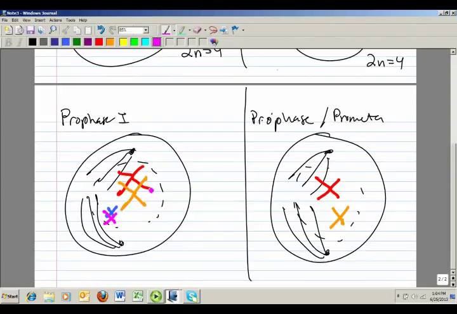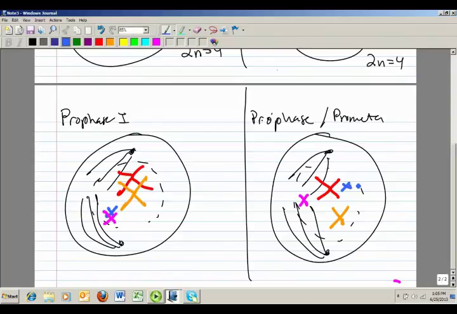So they're pairing with a chromosome that has the same genes on it in the same order, maybe different alleles, but still would have genes A through D on these two chromosomes, and E through G on these two chromosomes. So they are pairing with their homologous partner. You'll notice here, finishing the drawing, there are homologs.